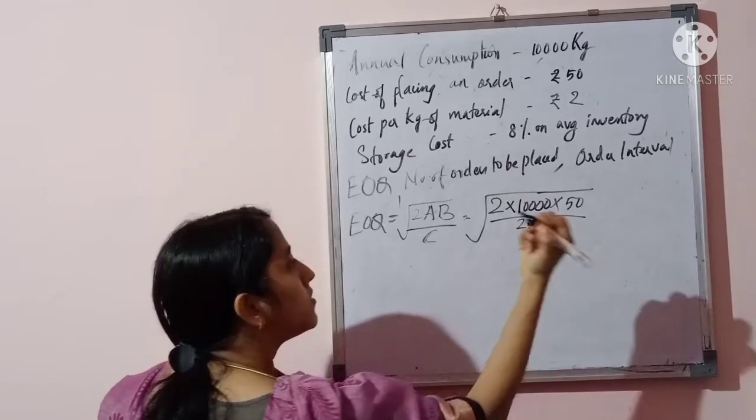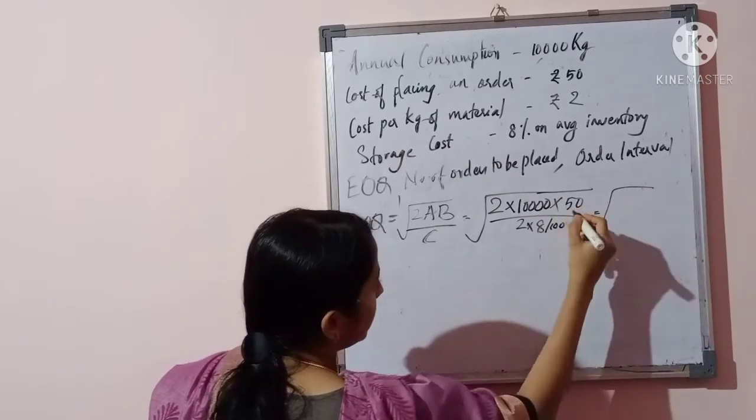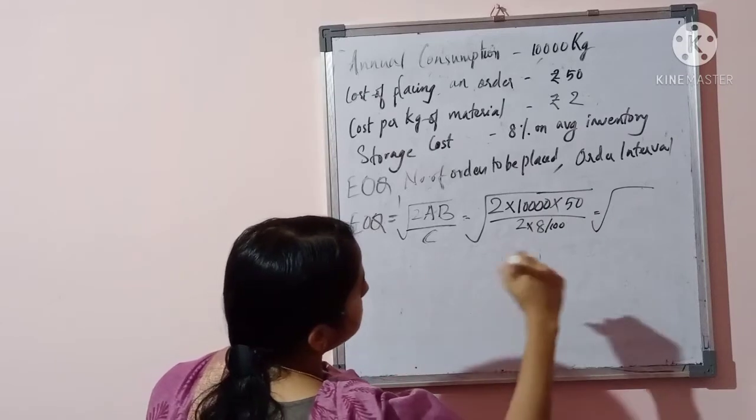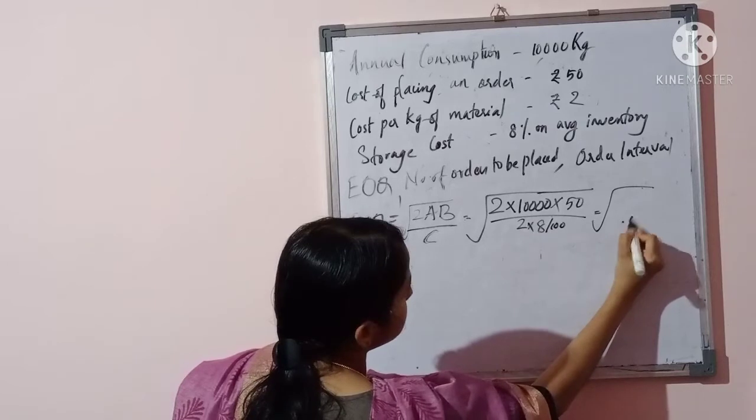So this is equal to root of, how much is it? 2 into 8% is 0.16.